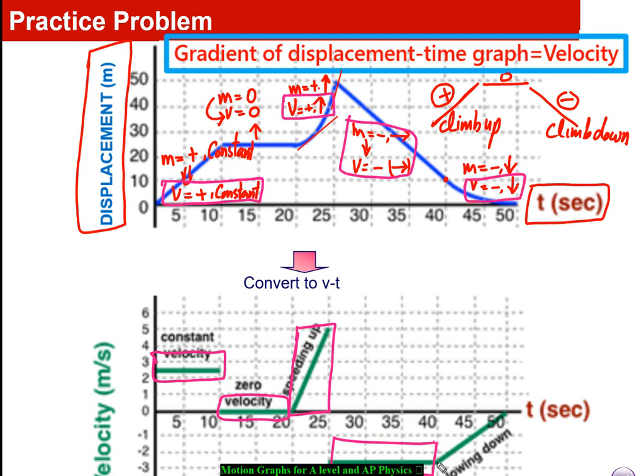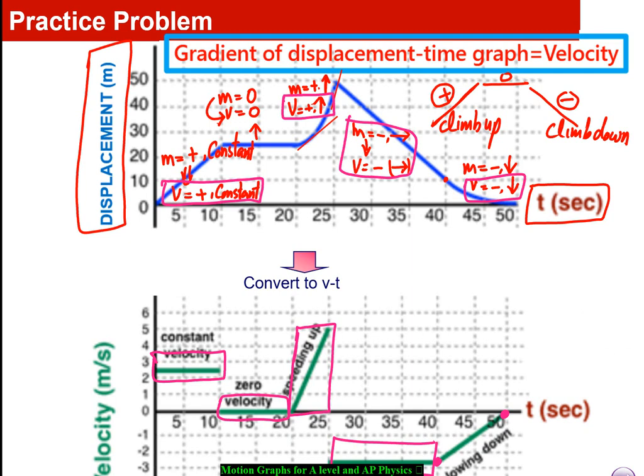You can see velocity here is greater but negative, meaning just in the opposite direction, and velocity becomes 0. So it is negative and decreasing. This is how we can sketch a velocity time graph if a displacement time graph is given to us.